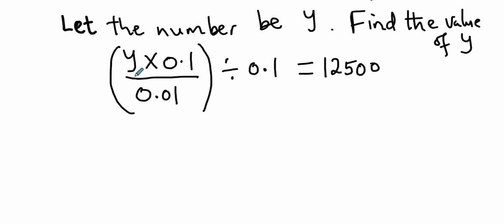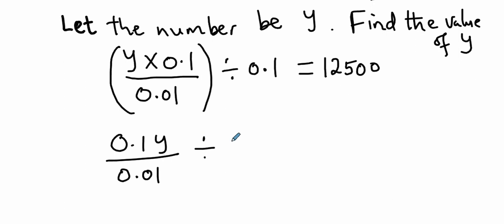Now what do we do from here? We do y times 0.1. Y times 0.1 is 0.1y divided by 0.01. Now when you divide by 0.1, put this 0.1 over 1, and this will be equal to 12,500.